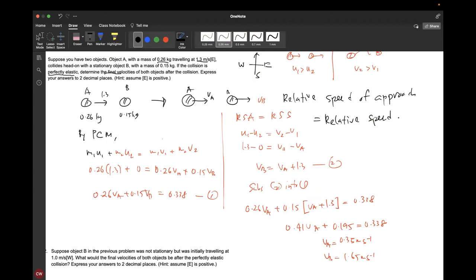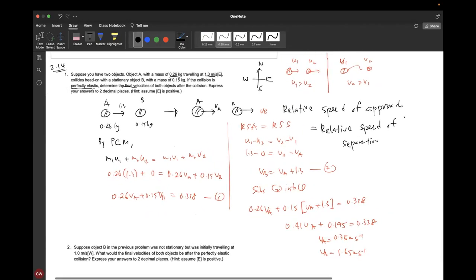The second one is the relative speed of separation. It means how fast these two are separating, moving in two directions after collision. Okay, now finished.